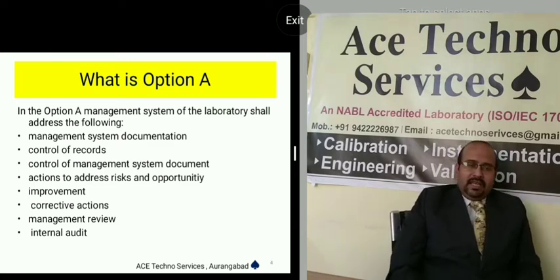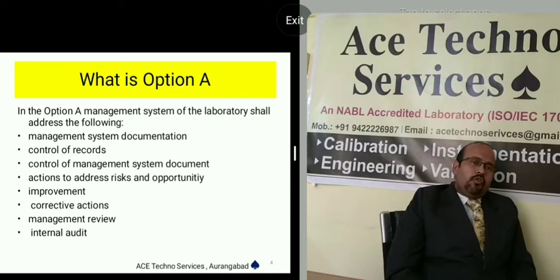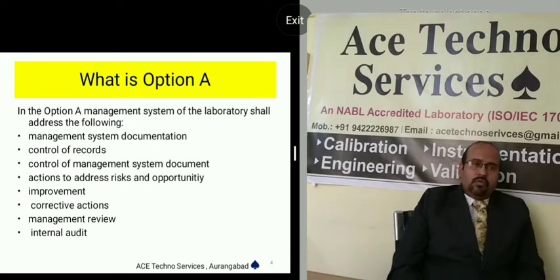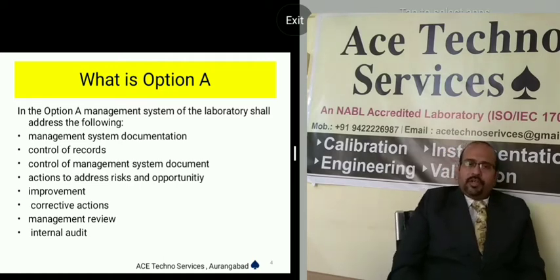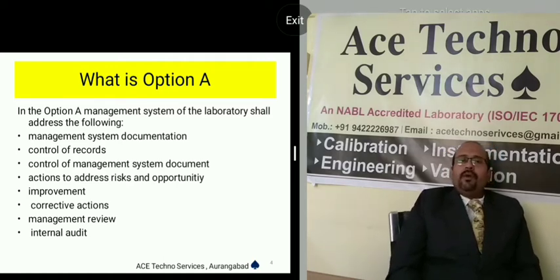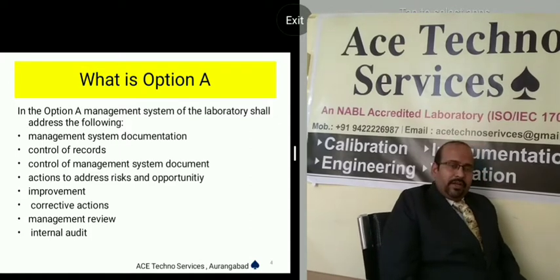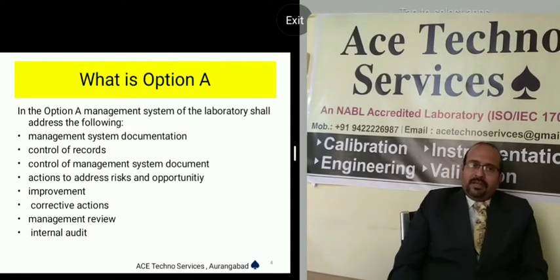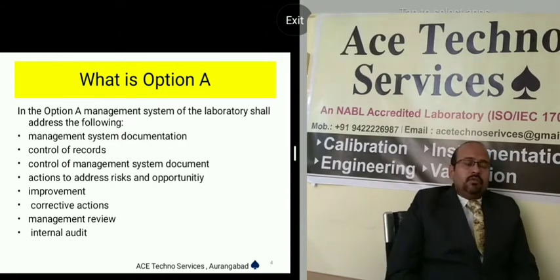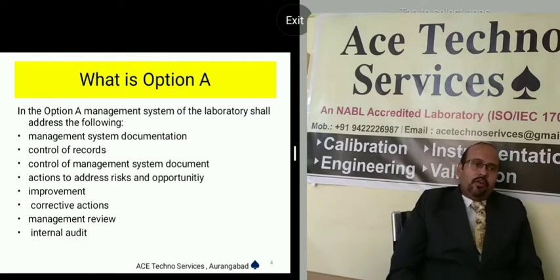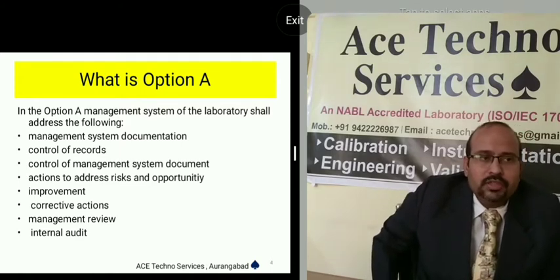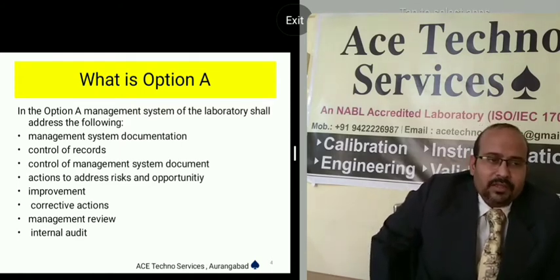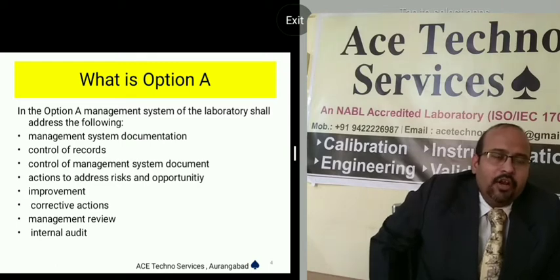Any organization which wants to go for option A will have to implement all this, demonstrate it during their assessments, and maintain their laboratory management system, which includes each of these. I'll repeat that: management system documentation, control of records, control of management system documents, actions to address risk and opportunity, improvement, corrective actions, management review, and internal audit.